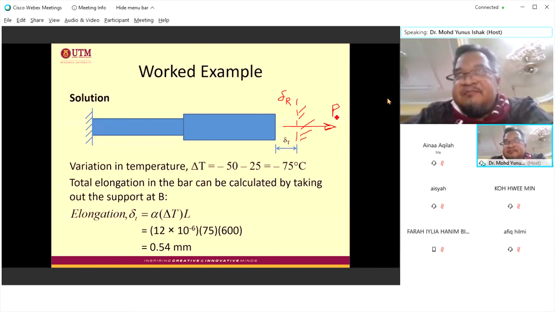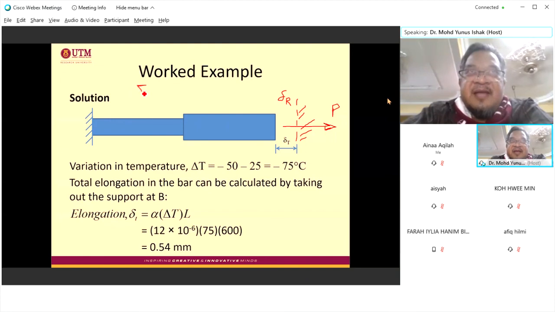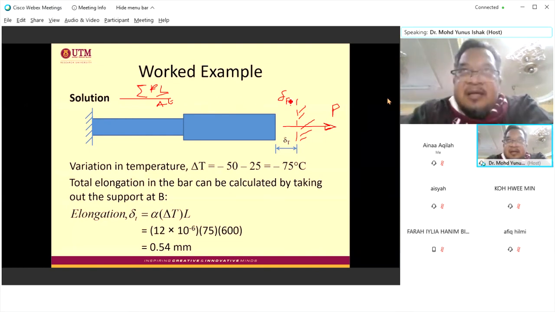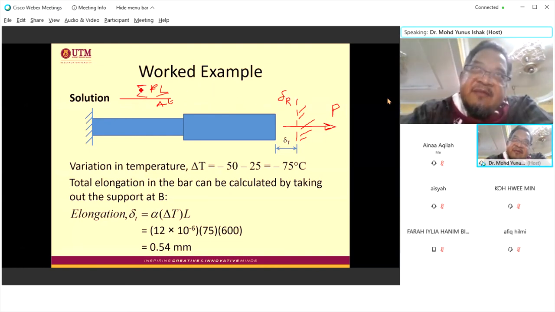So P. So we use PL over AE. P will be affected by area. PL over AE, ada area.